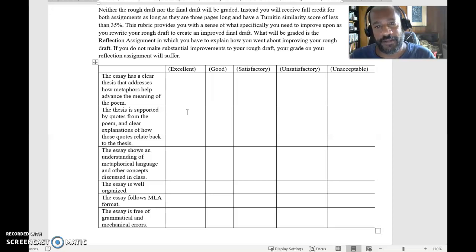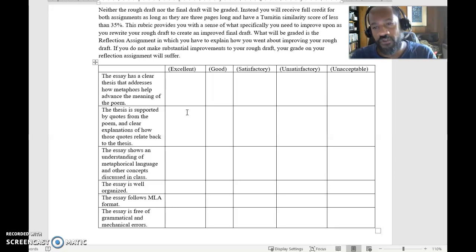And again, if I'm not seeing any movement, let's say if somebody turned in the exact same thing for their final draft as they turned in for their rough draft, well, I can't give you any credit for your reflection because there's nothing to reflect on. Right? You didn't do anything. A reflection is for you to think about the process. What did you do as you moved through this process? And if you didn't do anything as you moved through the process, I can't give you any credit for that. So you'd lose all the points for your reflection.